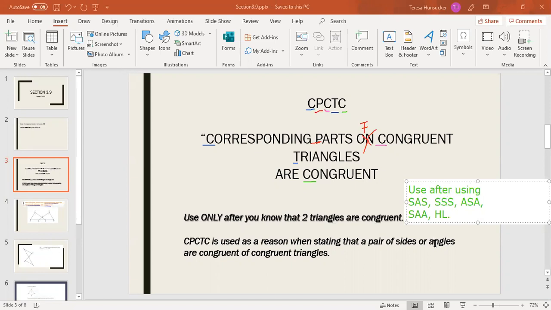Once you make a congruent statement saying one triangle is congruent to another, you're going to use that to say two sides or two pairs of angles are congruent that you haven't already stated in the proof somewhere else.